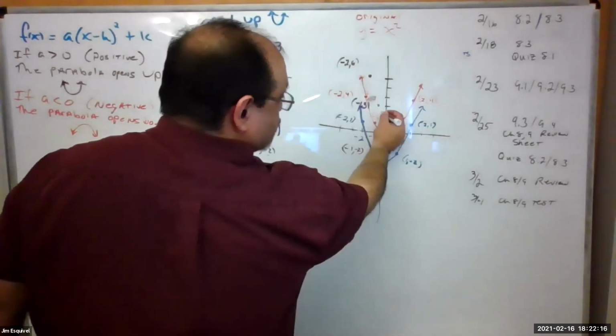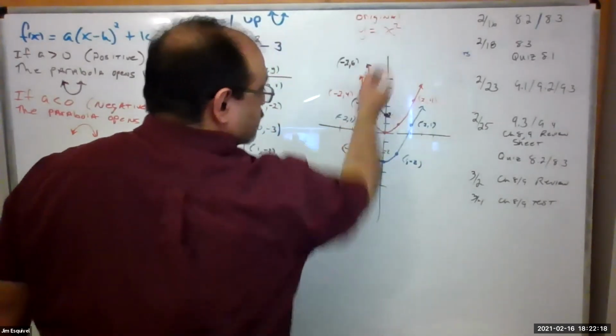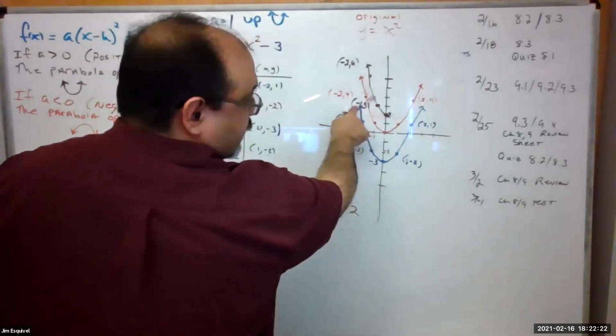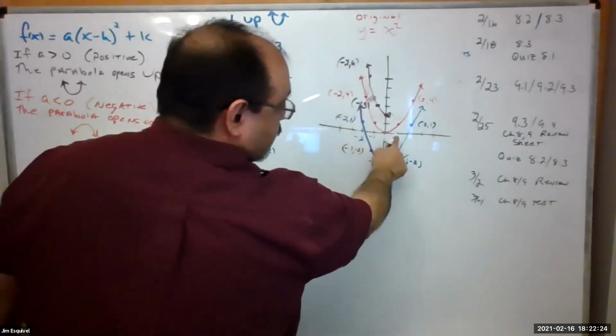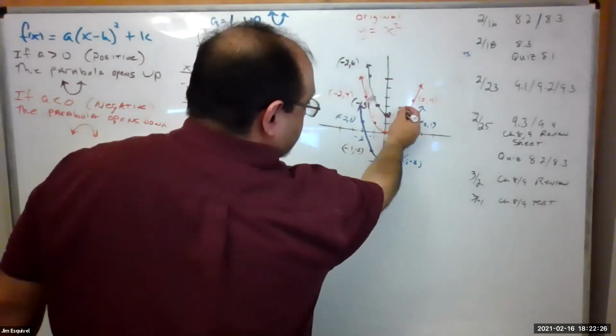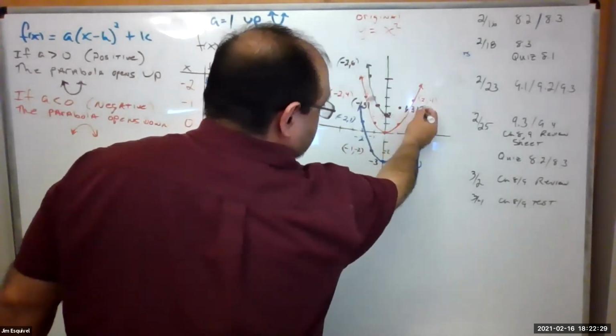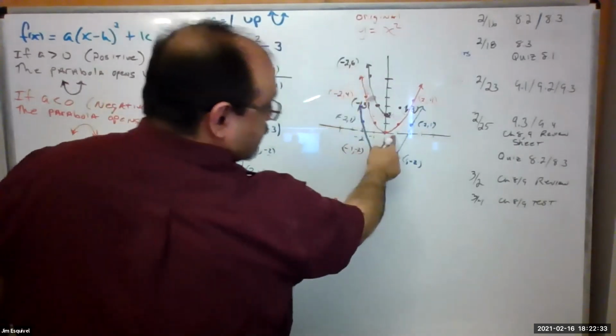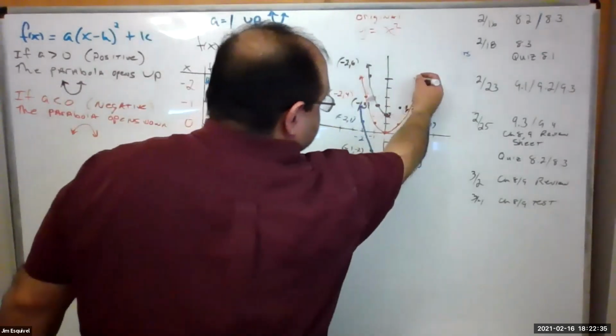So on the left side, it looks like this. And then on the right side, if negative 1 will get you 3, then positive 1 is going to get you 3. If negative 2 will get you 6, then positive 2 would get you 6.